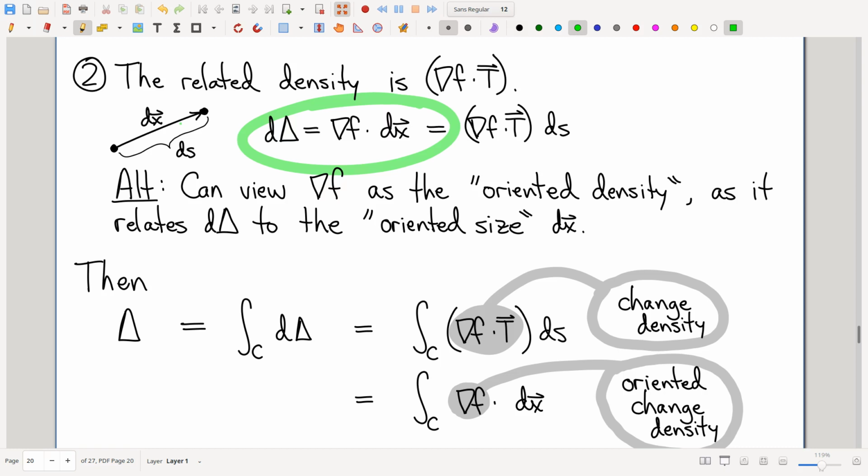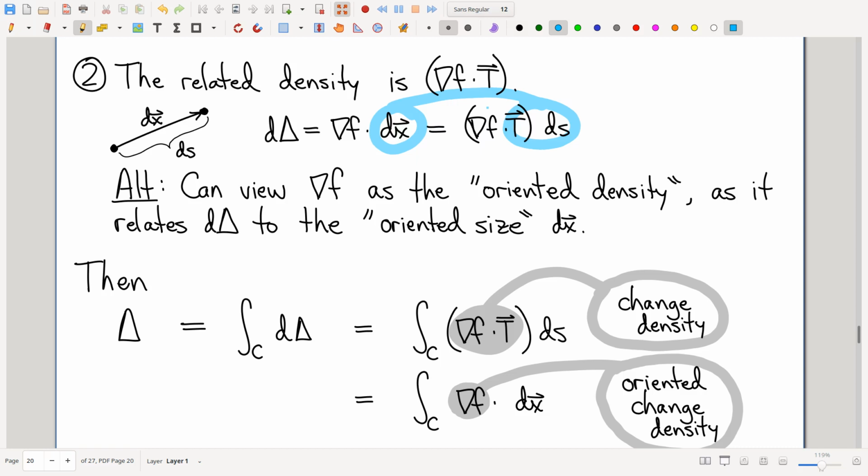And now I'm going to tweak that a little bit. I'm going to tweak it by rewriting dx in one of the ways that we have already established. Again, this is a flashback. I guess this is a Chapter 3 flashback. But we previously established that dx is T ds.